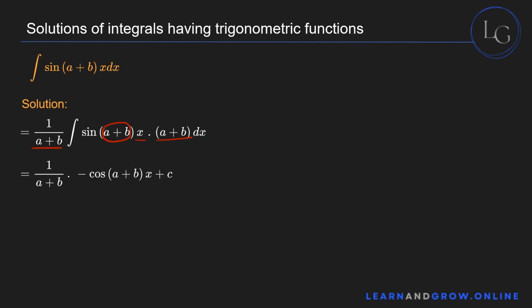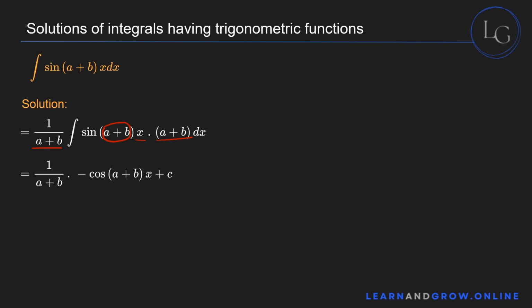So now what you can do is apply the integral of sine a plus b into x, and basically that just results in minus cos a plus b x. So a plus b are constants, by the way, so that's why. You also have formulas for this.